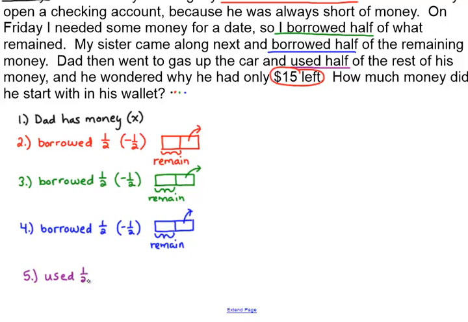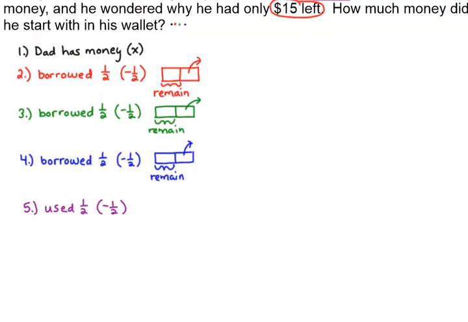Once again, he took out half. Let's draw that box again. Half of it remains. At the end of the day, Dad had $15 left.